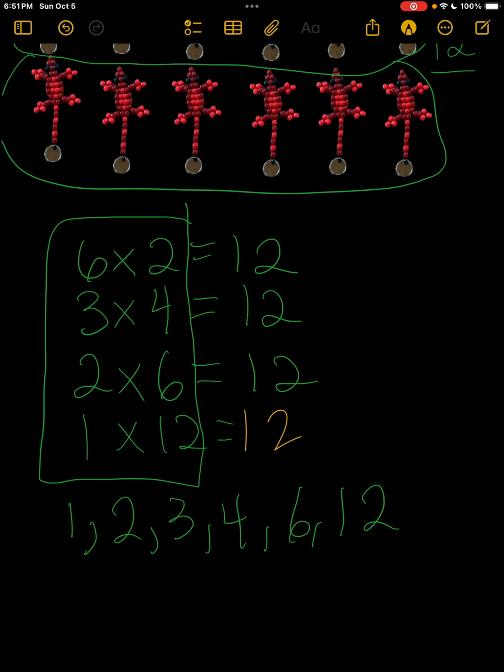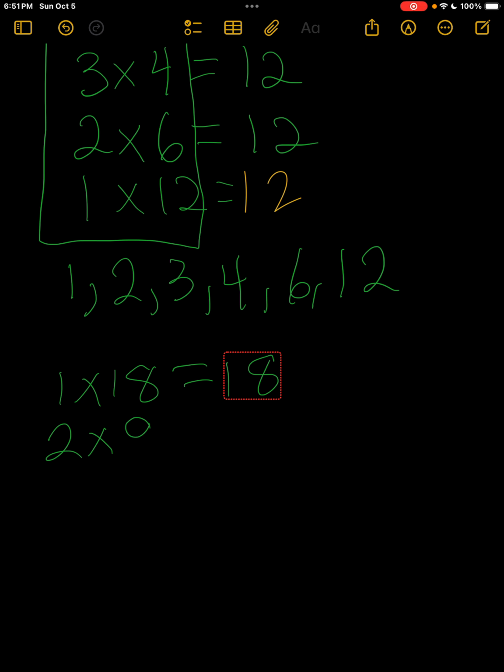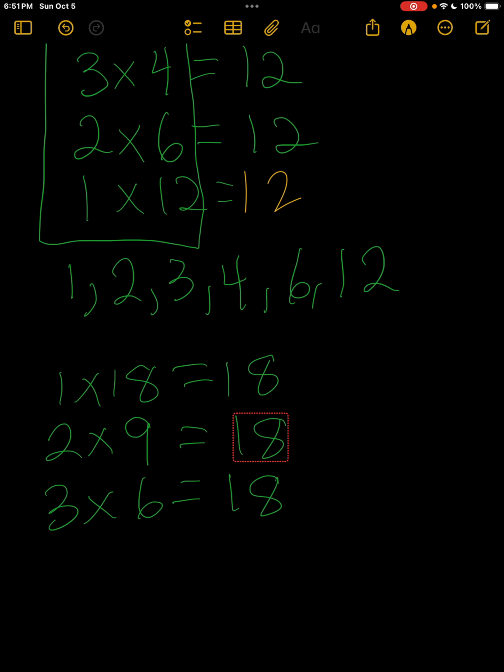Okay? And then if we talk about 18 and what the options were for the blue, we had 1 times 18. We had 2 times 9 boxes, okay? We had 3 times 6, okay? And then we had 6 times 3.